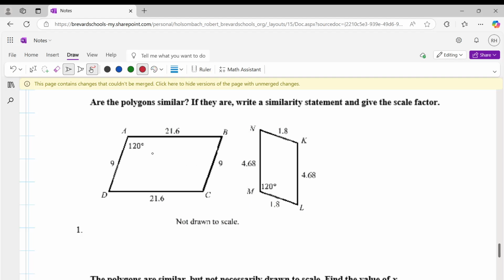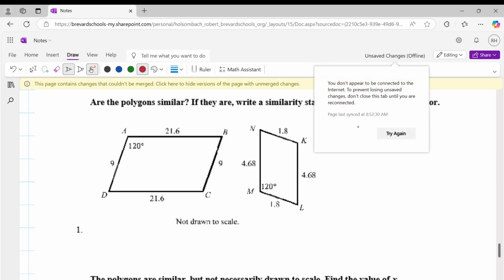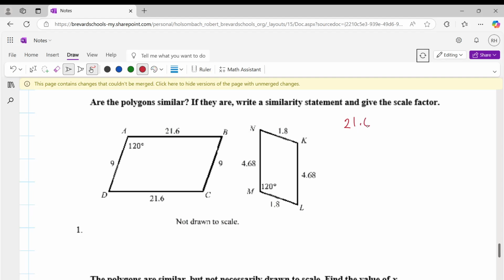So if we just do long side over short side, in the first shape we take 21.6 and put it over 9, and we see if that's equal to long side over short side, which is 4.68 over 1.8. If that proportion is correct, then the shapes are similar.